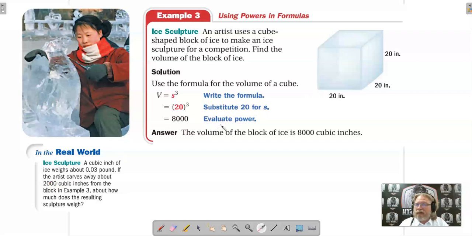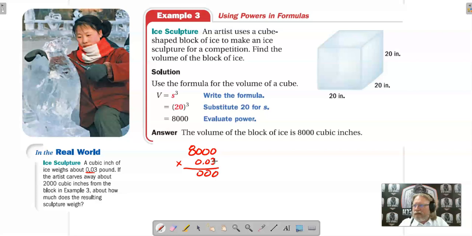So if we knew the difference, we'd be good to go. We know that difference is, from previous lessons, subtraction. So if I figure this up, I'd have to multiply. Each cubic inch is 0.03. So that's repeated addition, 0.03 plus 0.03, etc. So we could say 8,000 times 0.03. So that's going to be 0, 0, 0.